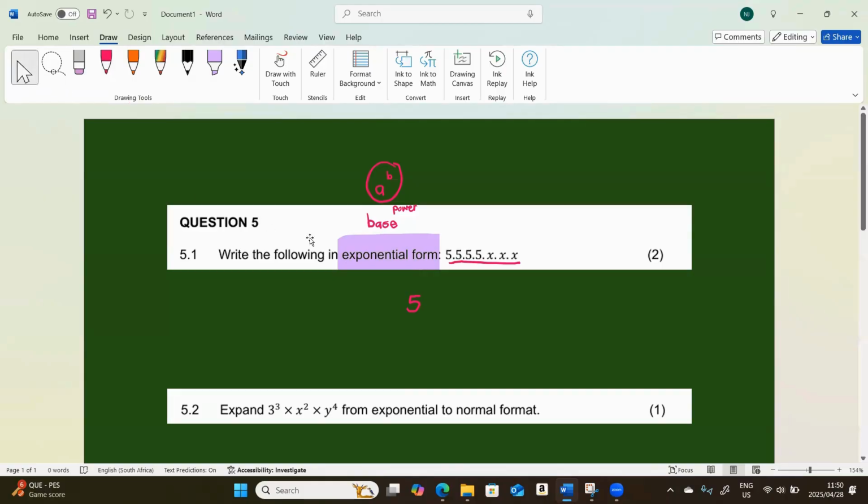Let's quickly count together: 1, 2, 3, 4. So 5 is being multiplied by itself 4 times, so 4 makes up your power. So 5 to the power of 4 is how we can rewrite 5 times 5 times 5 times 5.